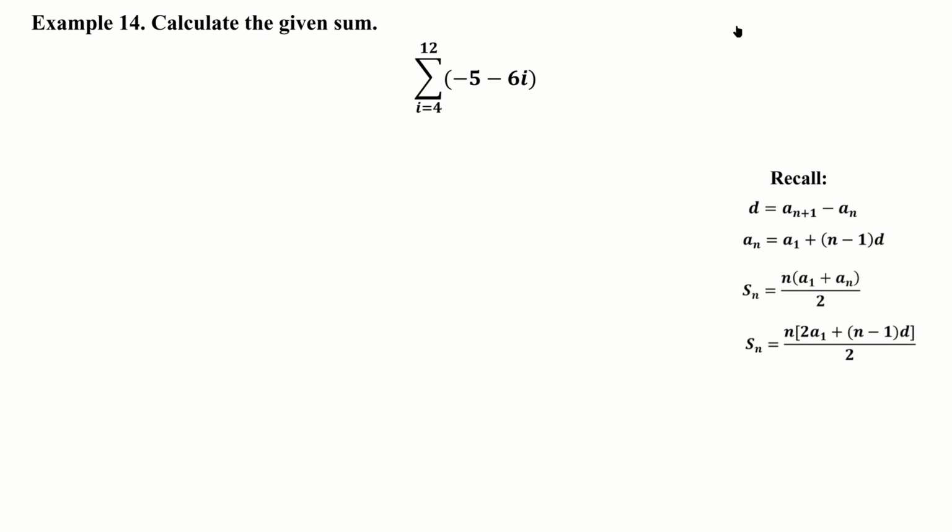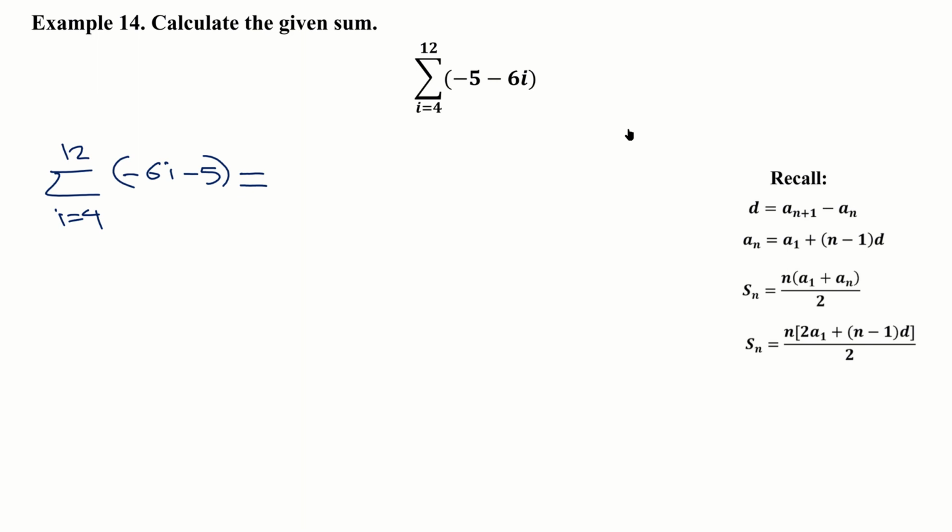What we'll do is realize this, that the sum from i equals 4 to 12 of, I'm going to write that as negative 6i minus 5, and you'll find out in a minute why, is going to be, now the sum from 4 to 12 of this expression can be found by taking the sum from 1 to 12 and then subtracting from that the sum from 1 to 3, right?